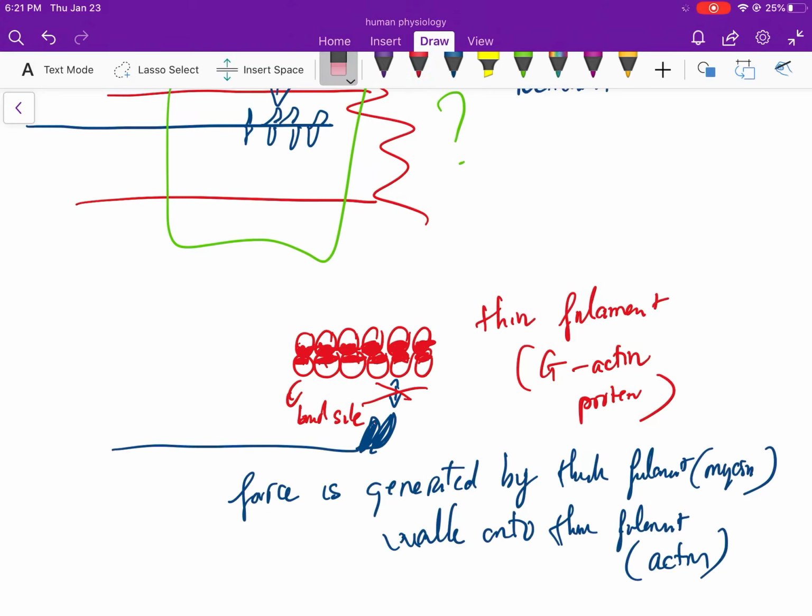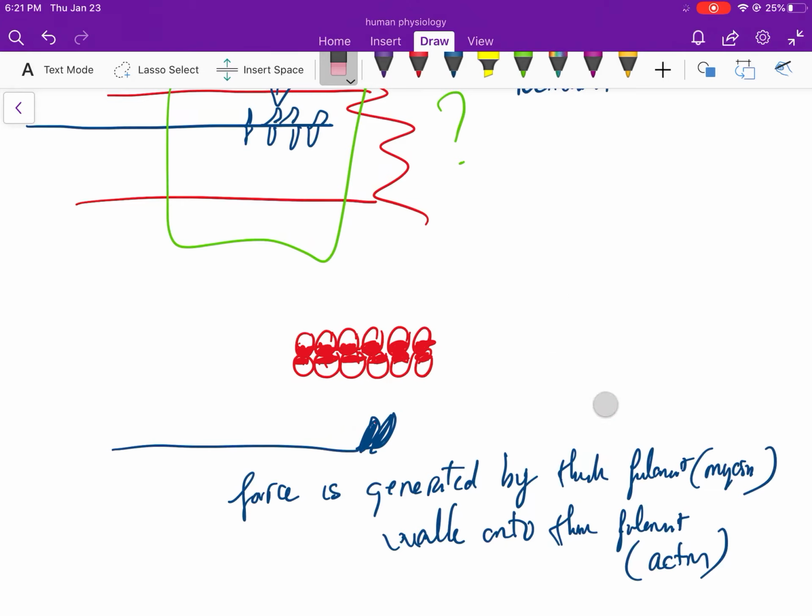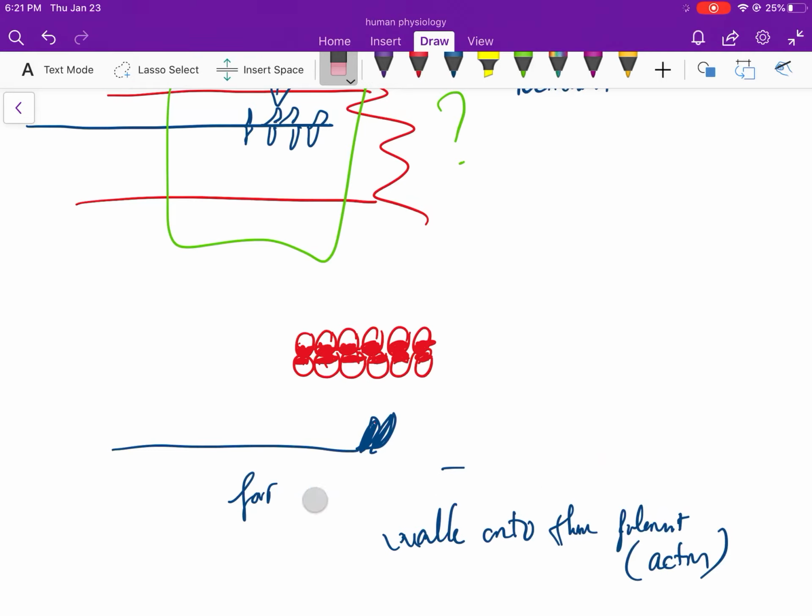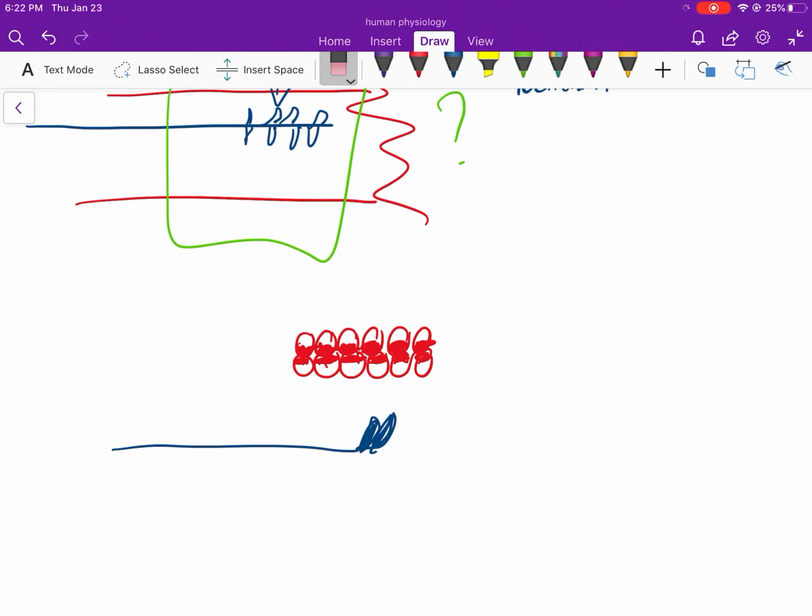So in general, we will have two types of protein that will control the force and control this binding. We'll have the rope right here and the rope right here. This is called tropomyosin. And then we also have a protein, kind of like a yellow protein here.